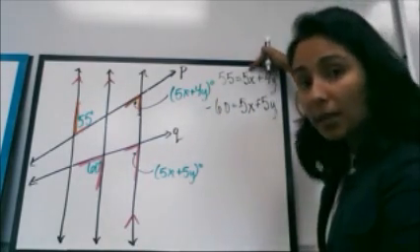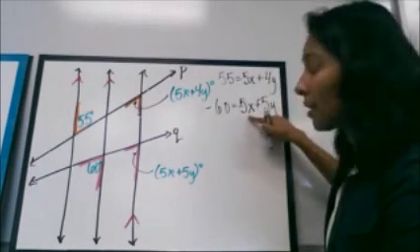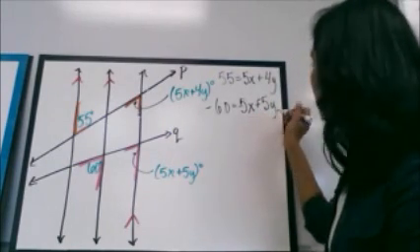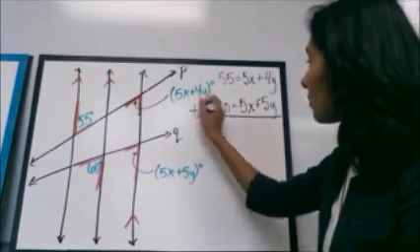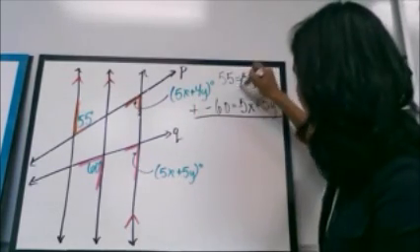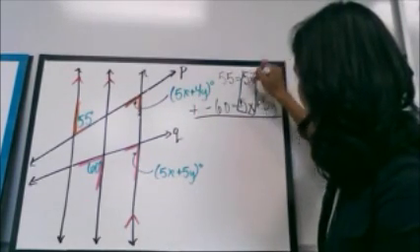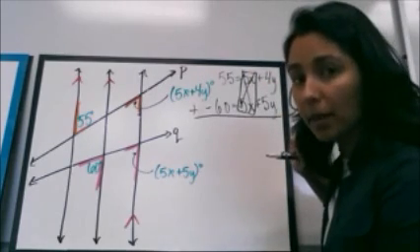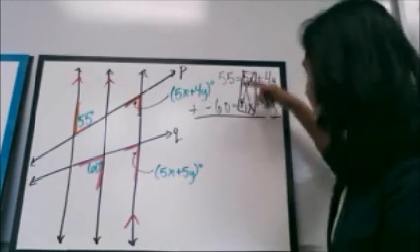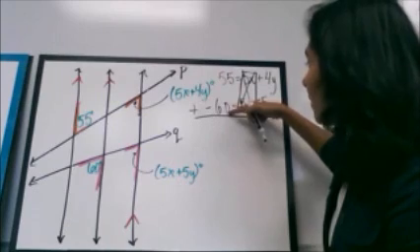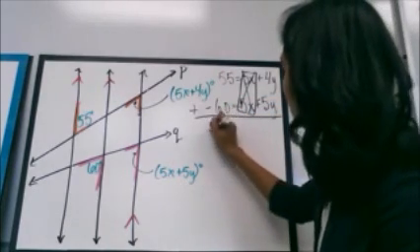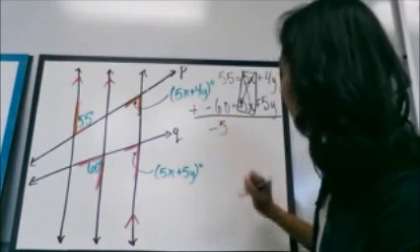Now I have a positive 5x up here and a negative 5x down here. So when I add my system, these are opposite pairs and they're gone. They make 0. Then I have 55 plus a negative 60, which is going to give me a negative 5.